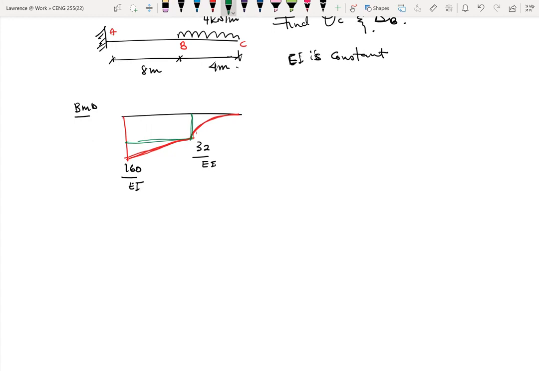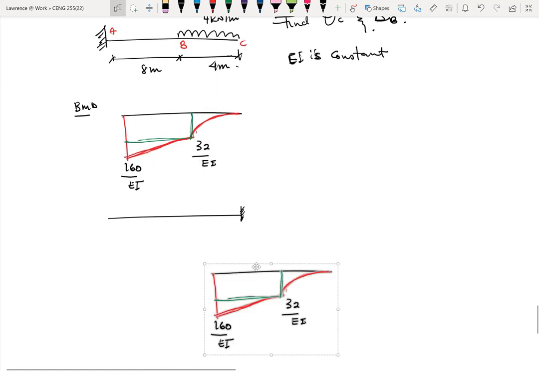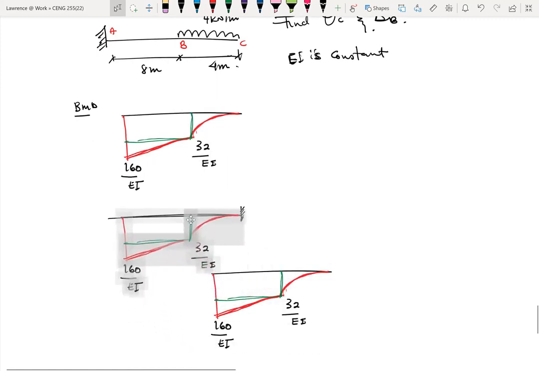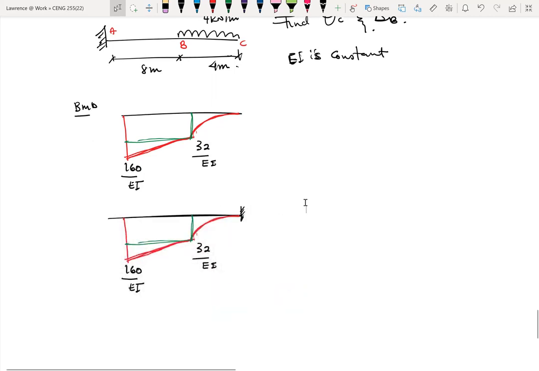Now I load this on the conjugate beam. So my conjugate beam would be like this. I just copy and paste. So I load this on my conjugate beam.